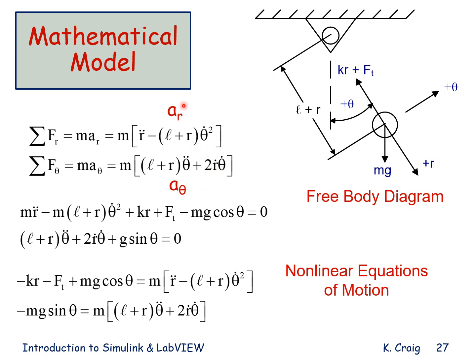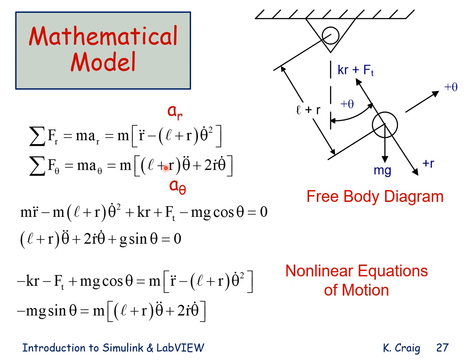In the radial direction, we have what is called radial acceleration, which is the second derivative of r with respect to time. And then we have what is called the centripetal acceleration, which is in the minus direction, and it's equal to L plus r times the derivative of theta with respect to time squared. This is the centripetal acceleration.